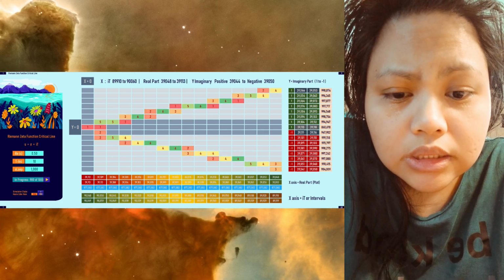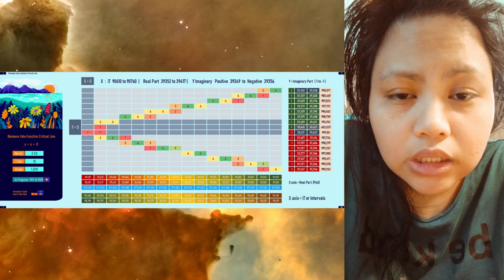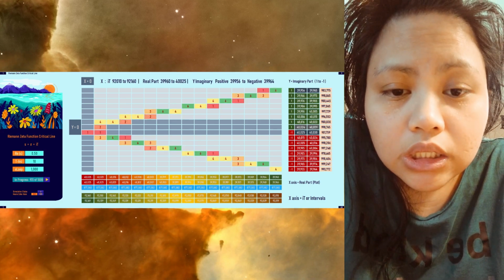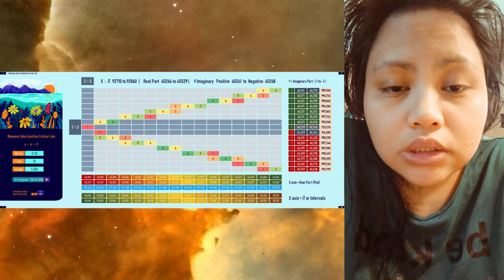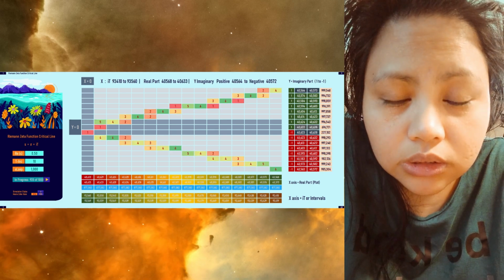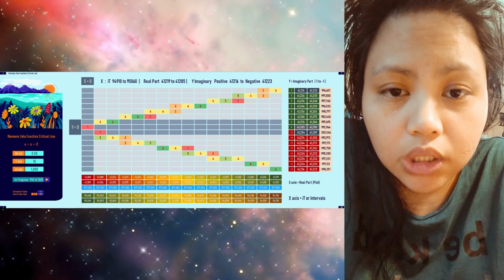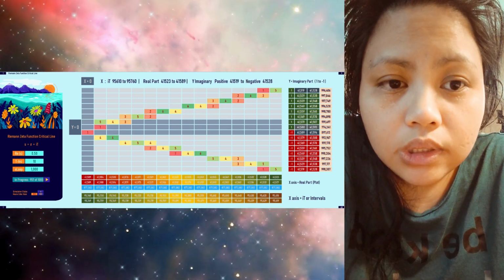If you want to see this zeta function, like I said, if you even go to the database, there are so many intervals that contain a zero, the one that cancels out both the x and y. So that's not really the point.